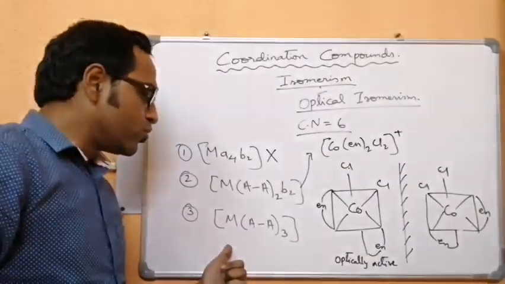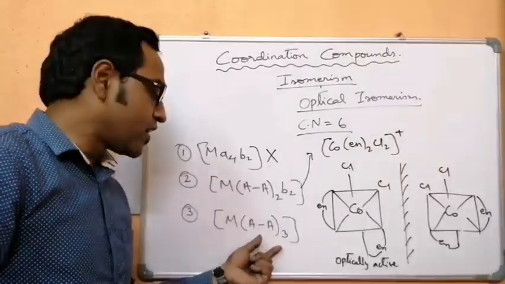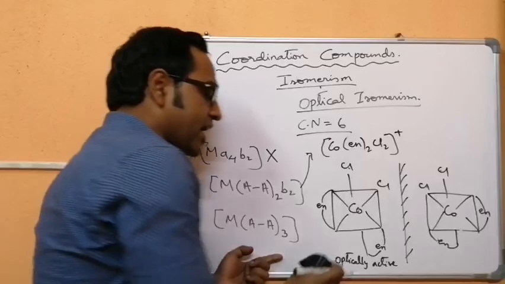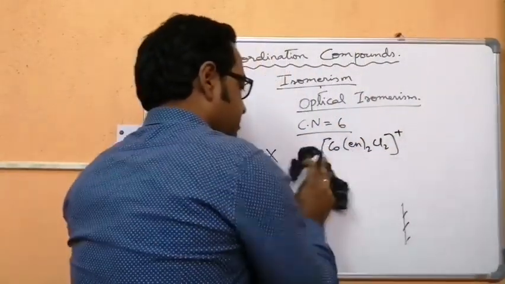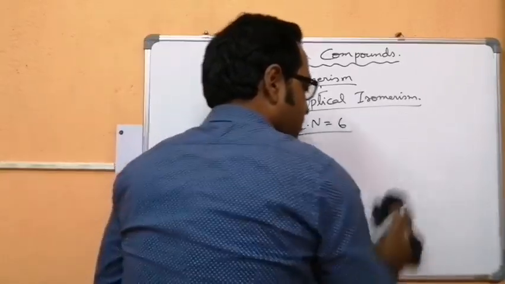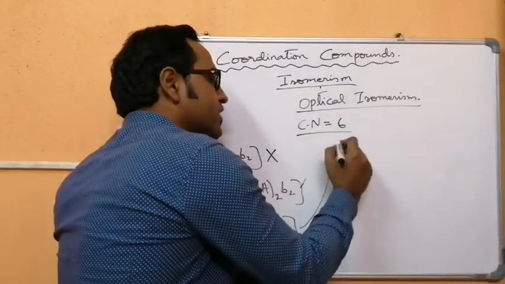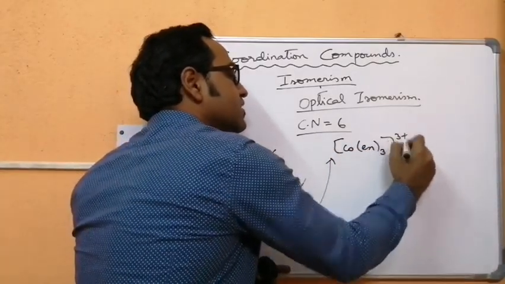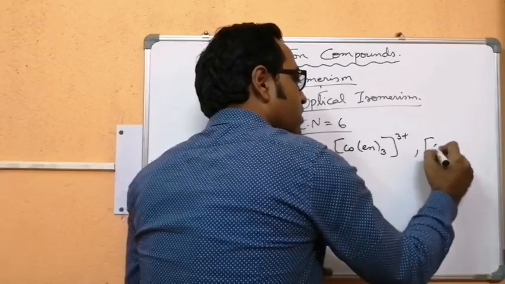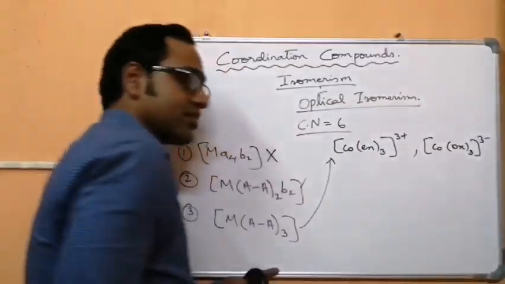Next we will move on to the third type, MAA whole thrice. This is our last molecule, MAA whole thrice. Now this MAA whole thrice, it is of the type Co(en)3 3+ or Co(ox)3 3-.